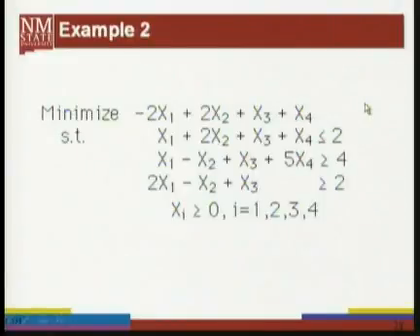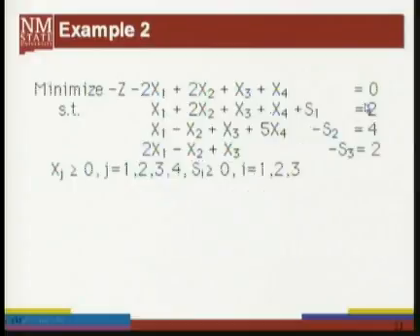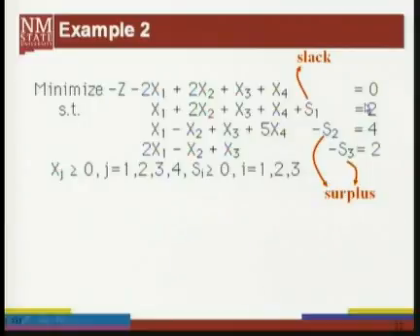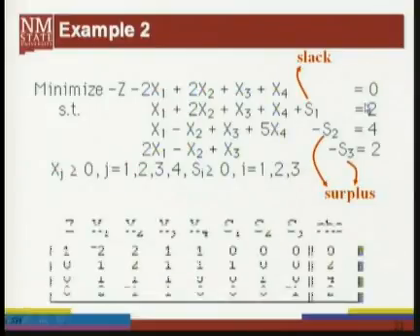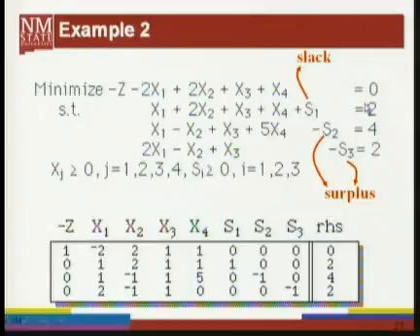In this example, as you can see here, the second and third constraints are greater than inequalities, right? So inequalities are converted to equations by the introduction of slack variables and surplus variables like this. And the initial table for the simplex algorithm would be constructed based on this standard LP.